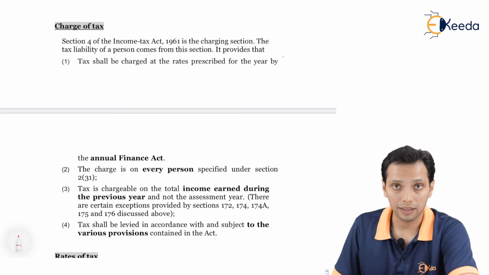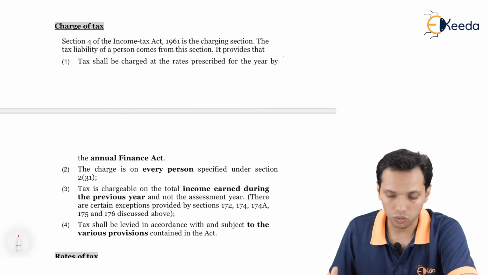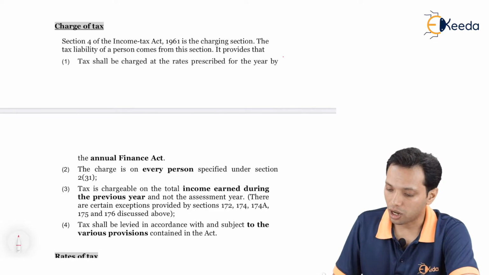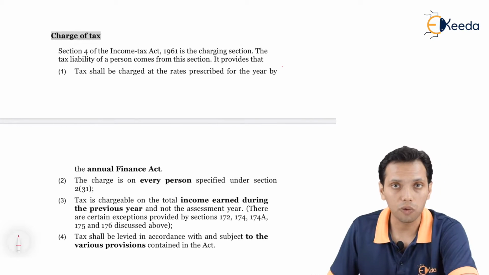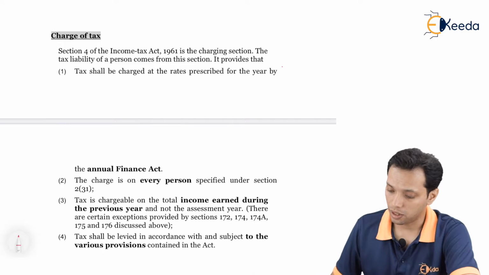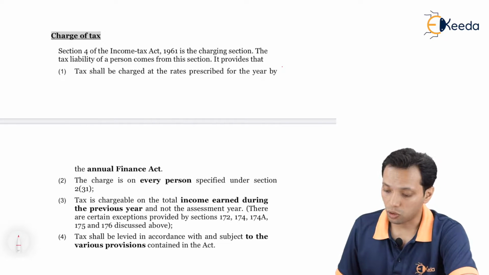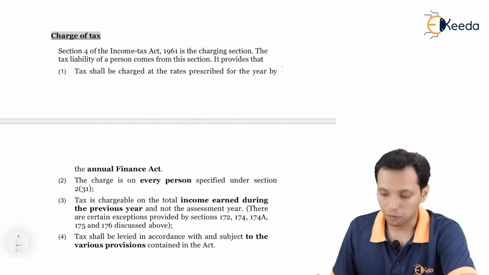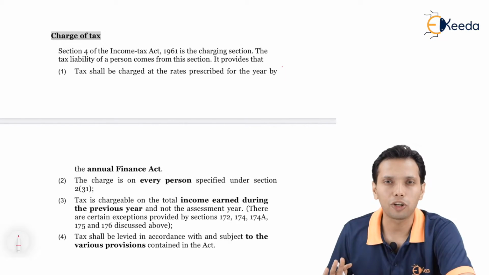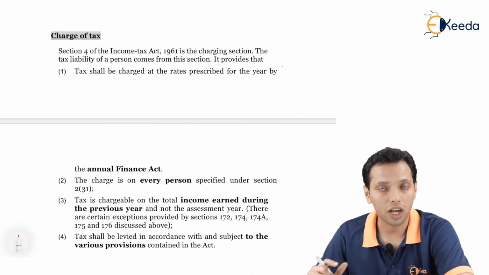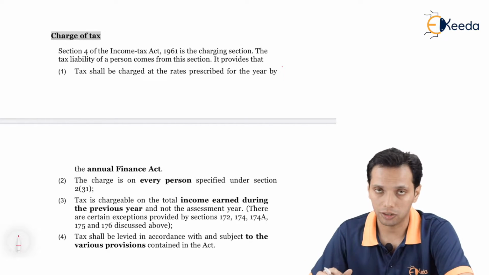It provides that there are 4 subclauses to it. Tax shall be charged at the rates prescribed for the year by the Annual Finance Act. Then the charge is on every person specified under section 2(31). We have studied under the definition of person that there are 7 categories, and the charge is on the person.